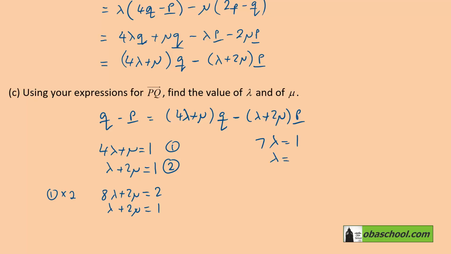And so lambda is equal to 1/7. And then substitute into 2. And we will get 2 mu is going to be 1 take away 1/7. So mu is 3/7.